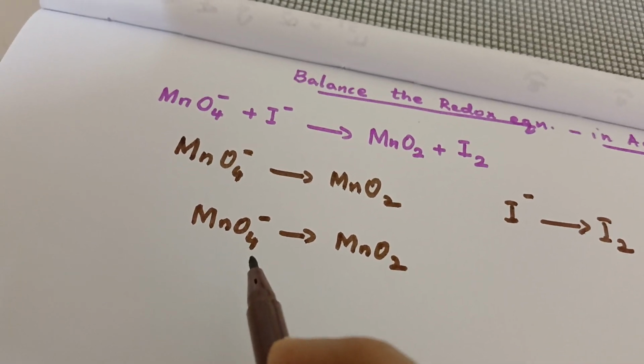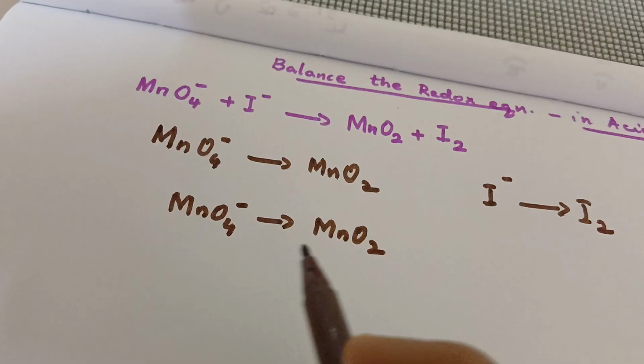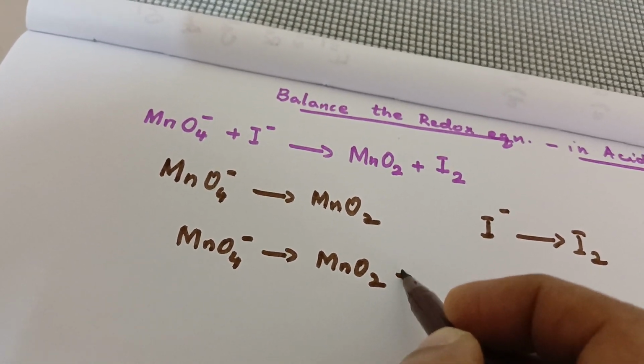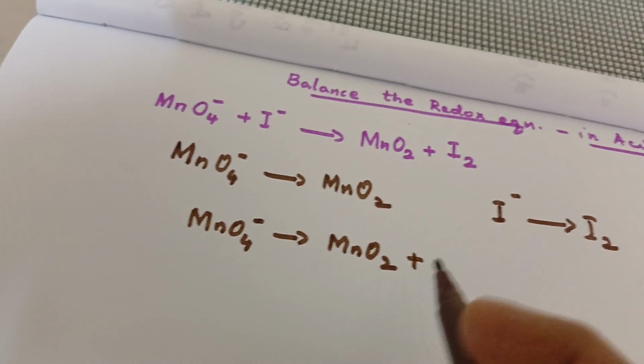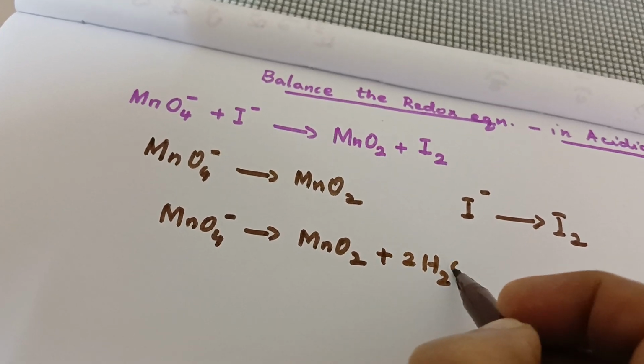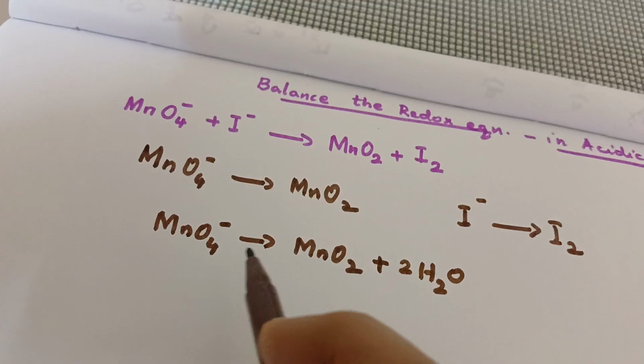Now we will go for the oxygens. Left hand side you have 4 oxygen atoms and on the right hand side you have 2. So in order to add 2 more oxygen atoms onto the right hand side, we will add 2 molecules of water, that is 2H2O. So the number of oxygens are balanced now.